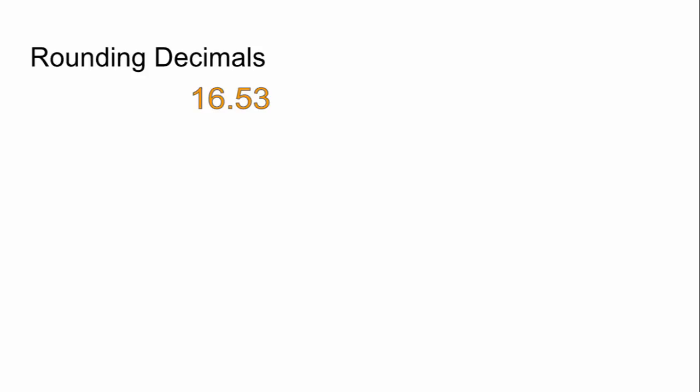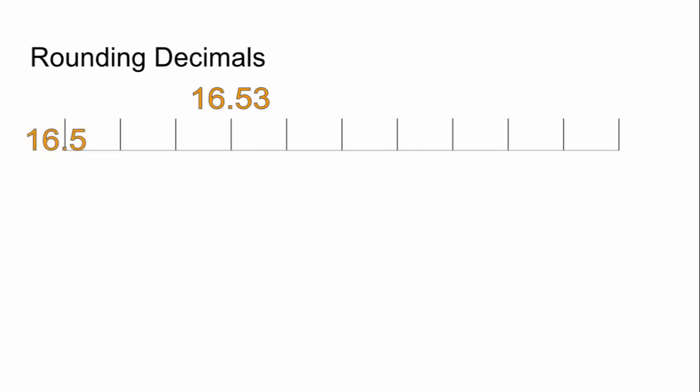We need to know what we're rounding here. So we're going to start by putting a number line under our number 16 and 53 hundredths. And on the left side, we're going to put 16 and 5 tenths because that's the tenth that we could round down to. And on the far right side, we're going to put 16 and 6 tenths because that's the tenth we could round up to.